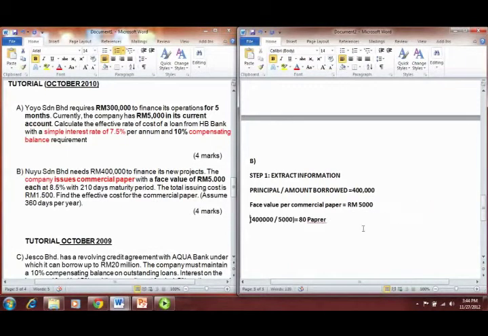Class, why do you need to calculate how many papers? Because certain questions will give you the issuing cost per paper. When you know how many papers you need to issue, you can identify your issuing cost.